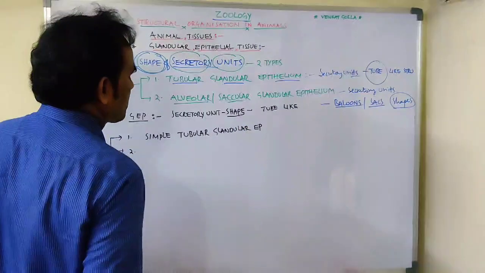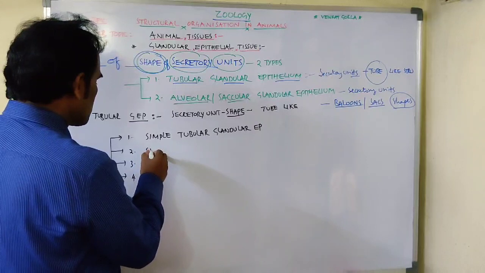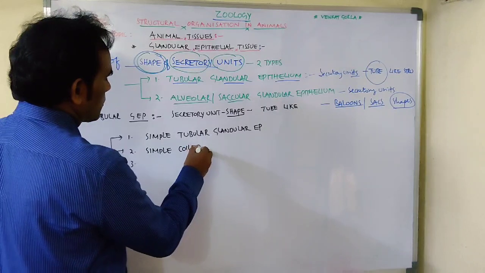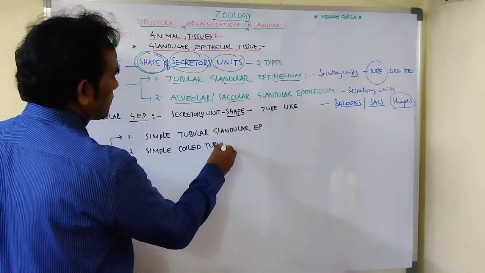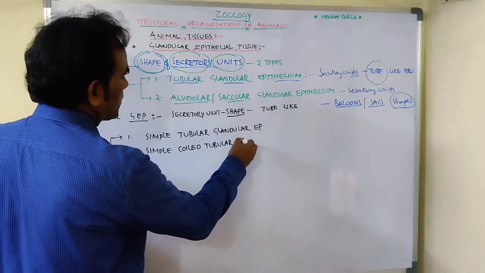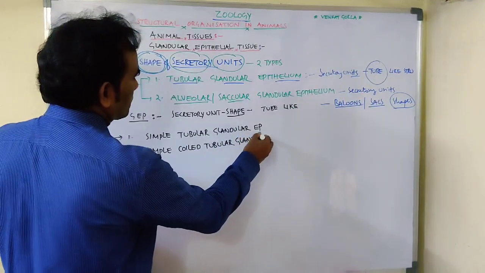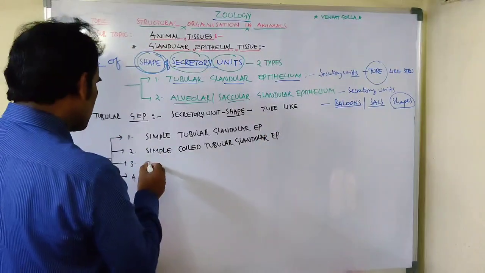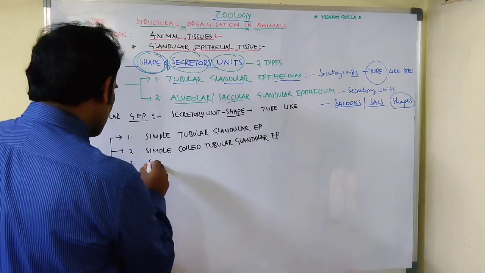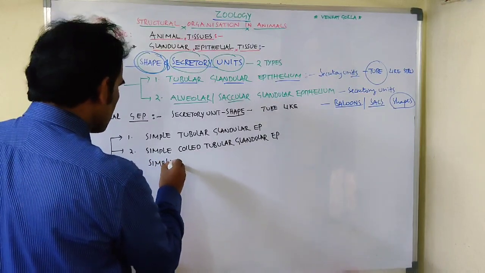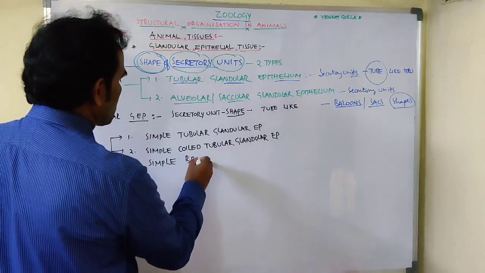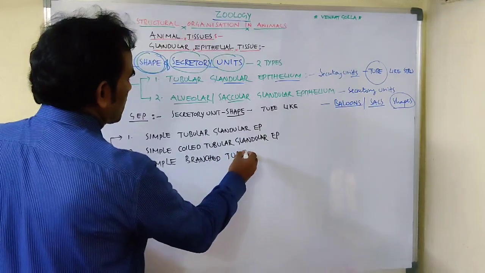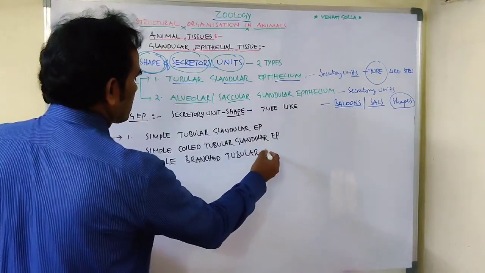Number two is simple coiled tubular glandular epithelium. Number three is simple branched tubular glandular epithelium.